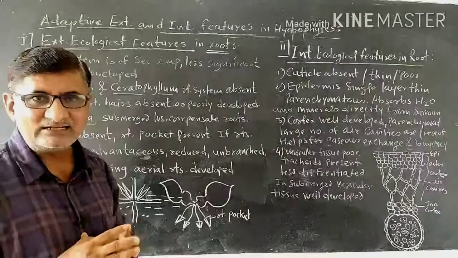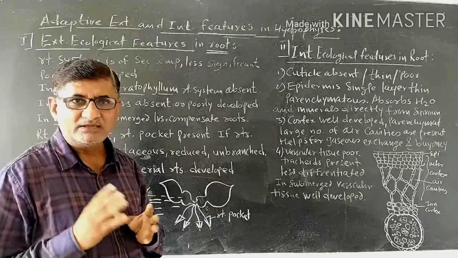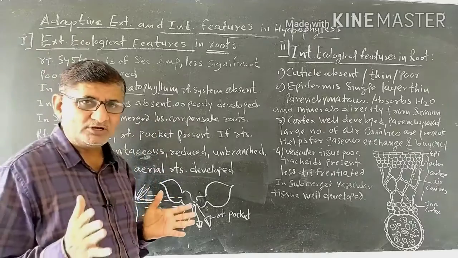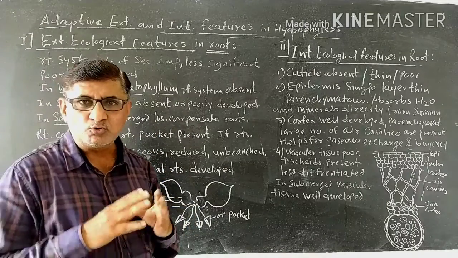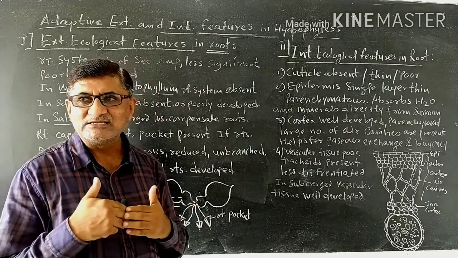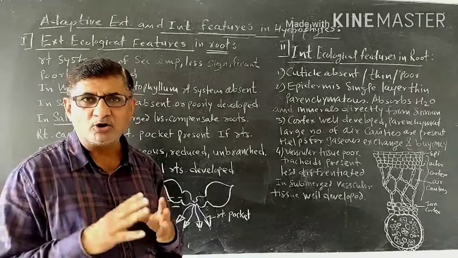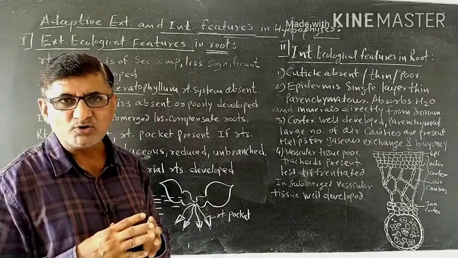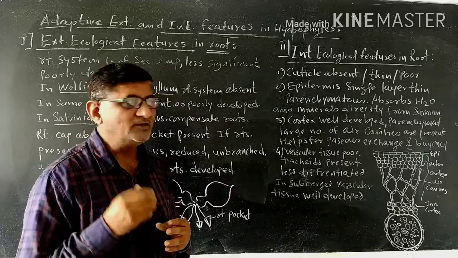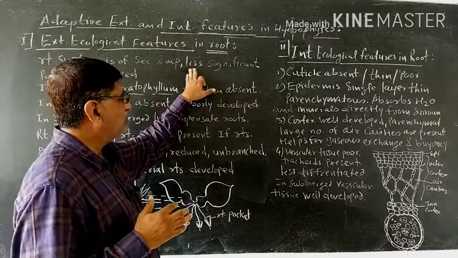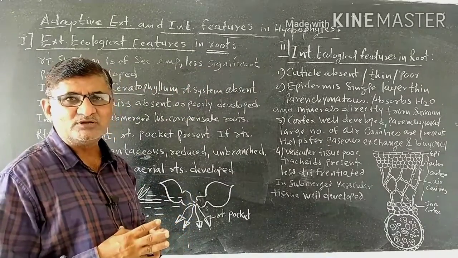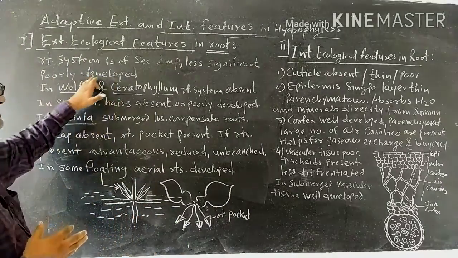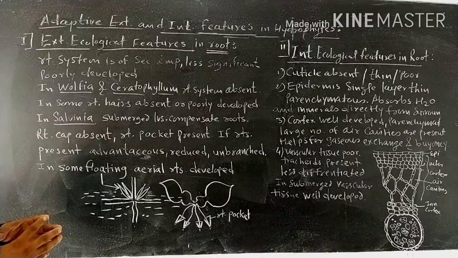So this first character makes it clear that in hydrophytes the root system has secondary importance, meaning the root system doesn't have much importance whether it is developed or not. If it is not developed, that is better for the hydrophytes because they don't have to absorb water, and therefore hydrophytes give less significance to the development of roots, or the roots are poorly developed.